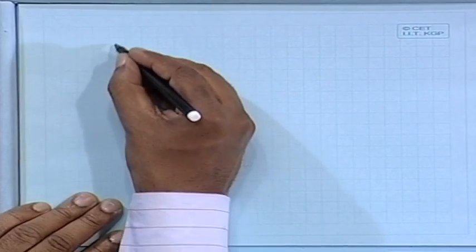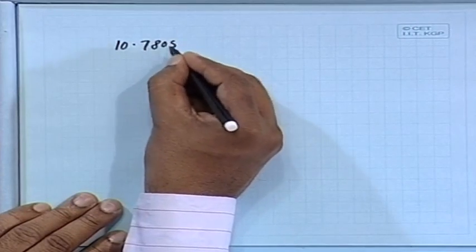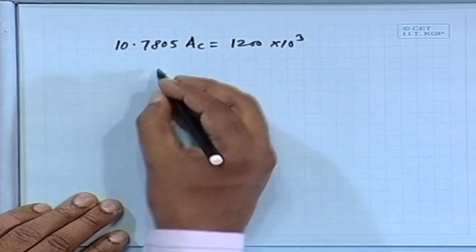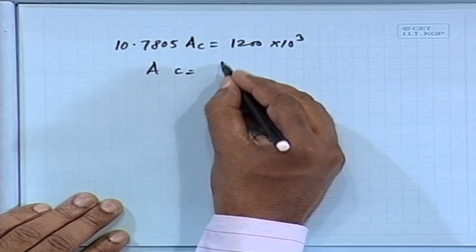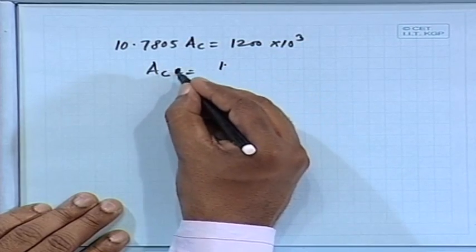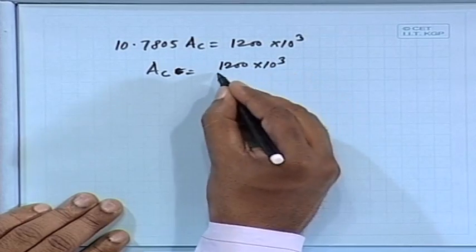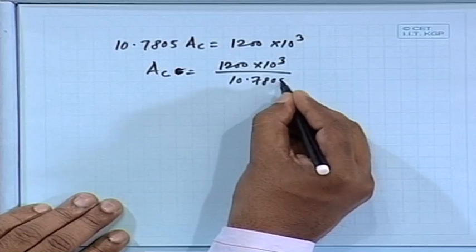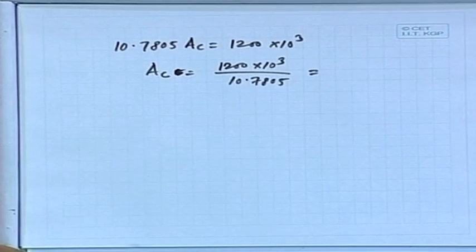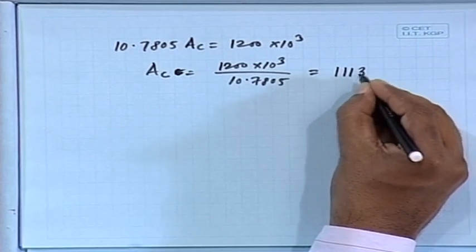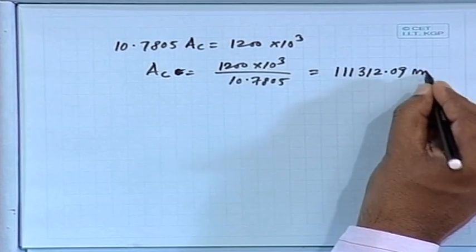Therefore, Ac equals 1200 into 10 to the power 3 by 10.7805, equals 111,312.09 square millimeter.